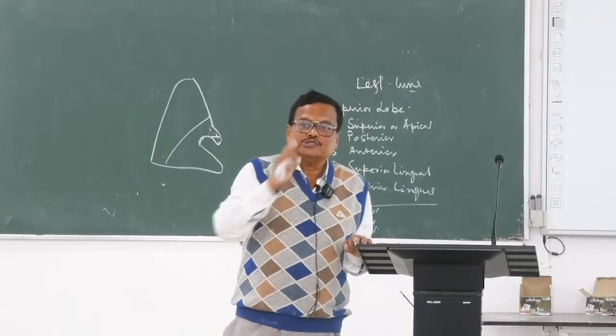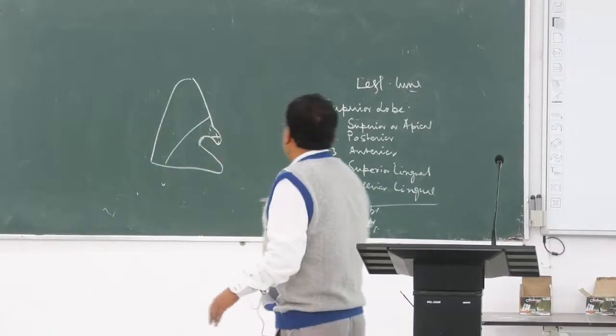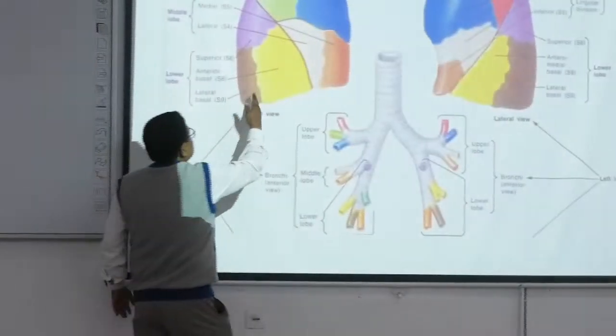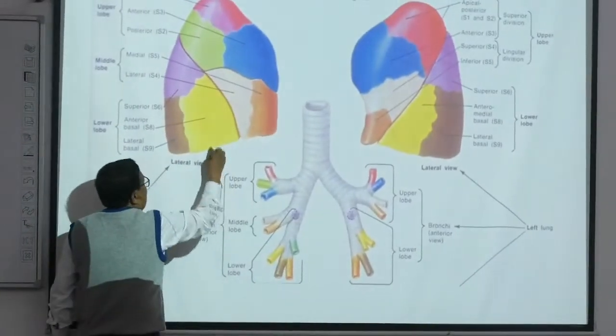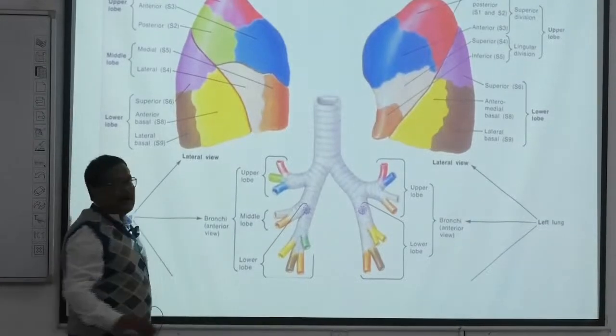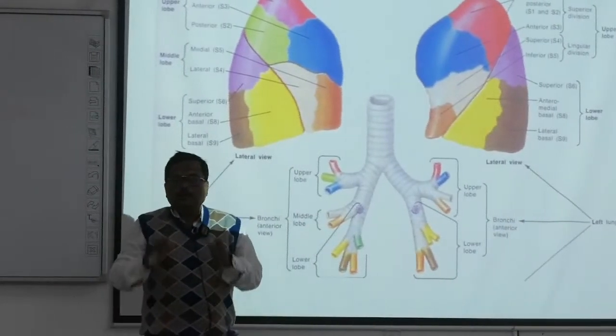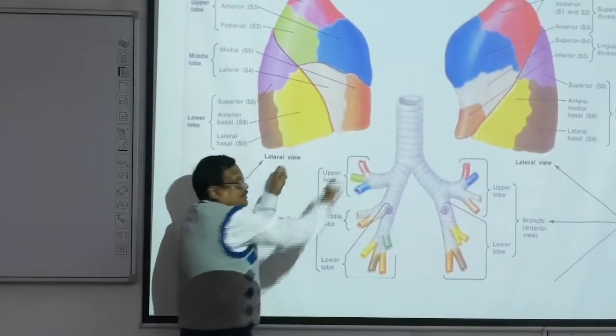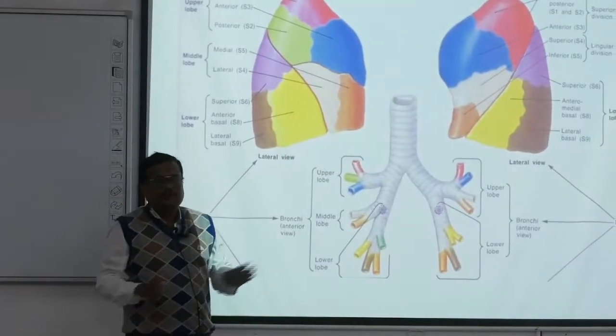But in case of a lung, these bronchopulmonary segments are limited by and supplied by a segmental artery, so easily the surgeon ties the artery so that no blood is going.